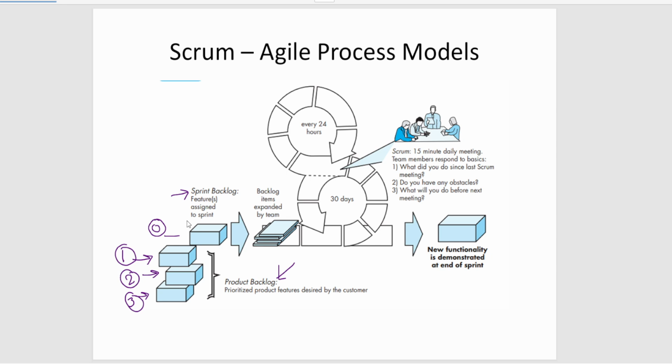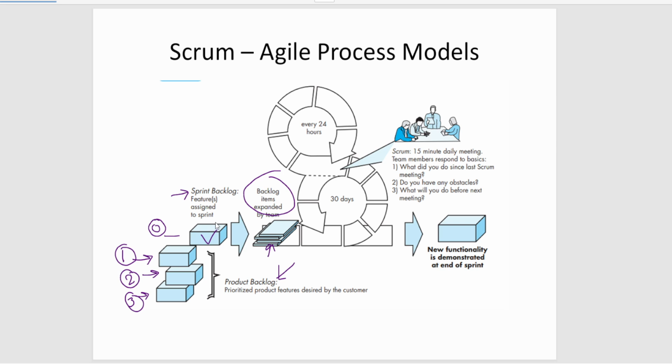So this is known as the sprint backlog. The sprint backlog item has been expanded here. These are the set of elements that belong to the sprint backlog. Now you unpack all the feature elements, and then you may create teams, and the teams can work on different items that are part of the feature list.